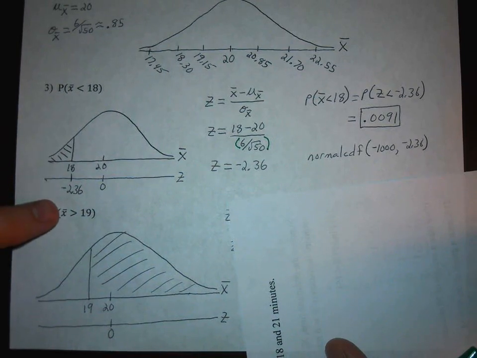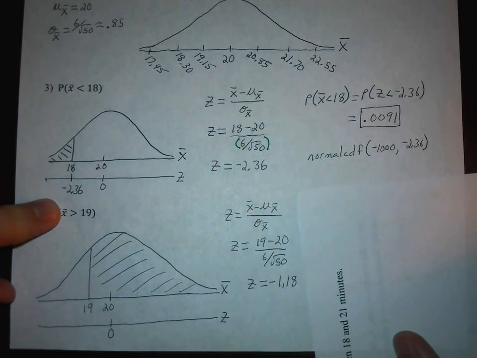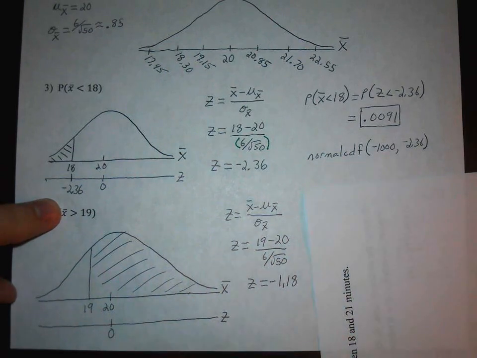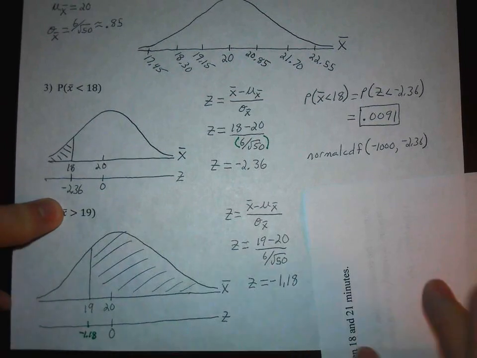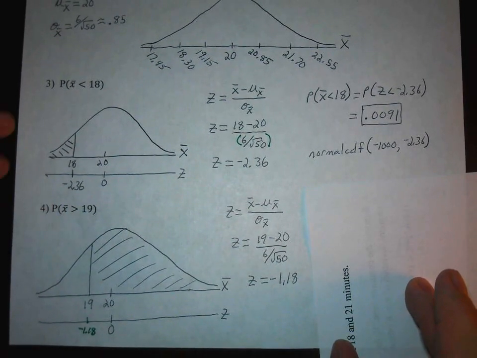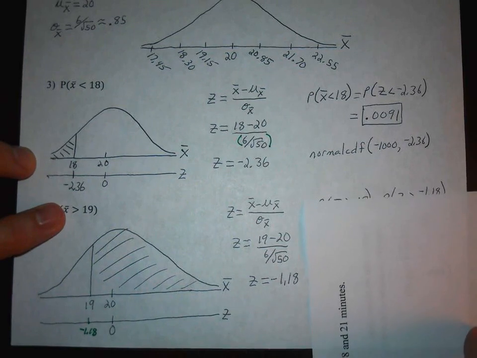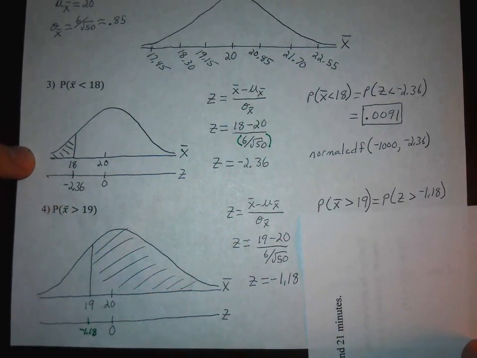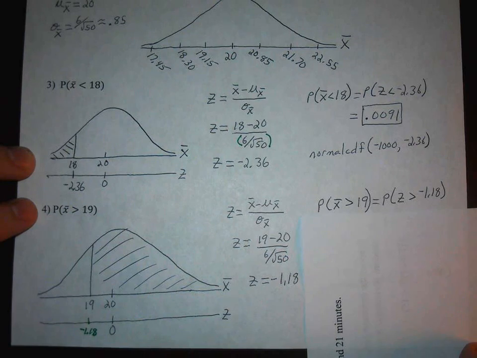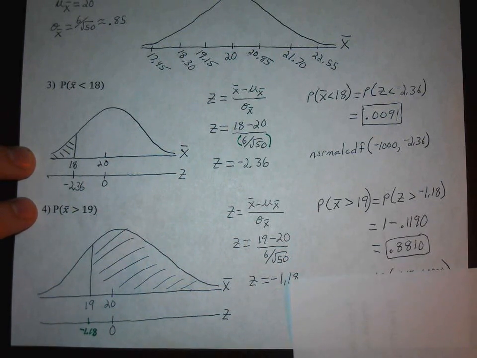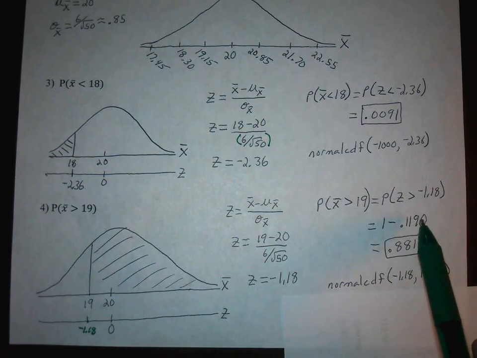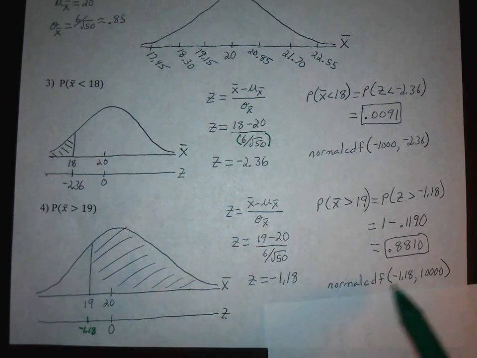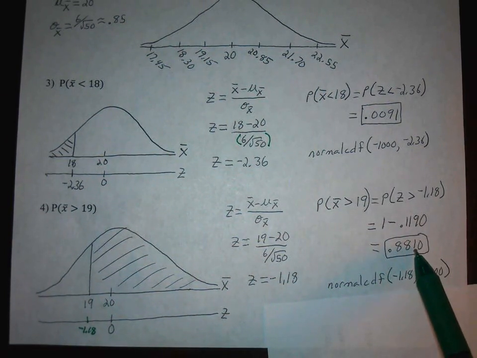Turn x bar into a z-score, and you get negative 1.18. So the probability that x bar is greater than 19 equals the probability that z is greater than negative 1.18. And you do the steps to find that. For greater than negative 1.18, you have to do 1 minus, or your calculator function will give you the exact answer, 0.8810.